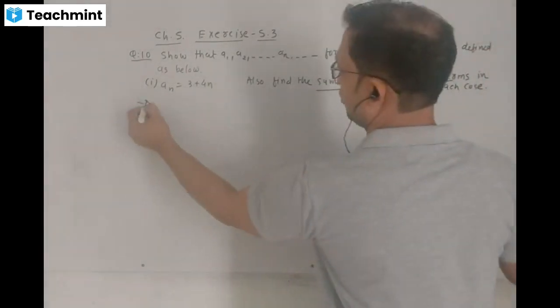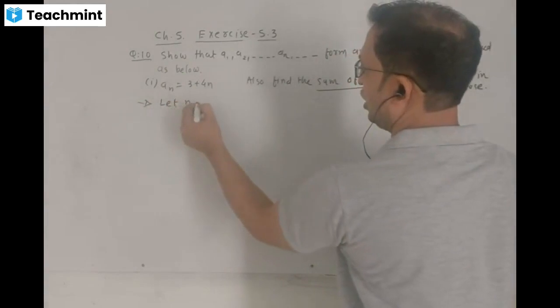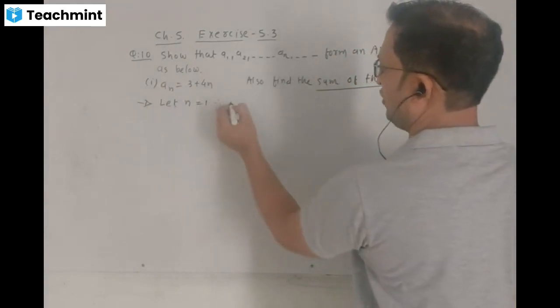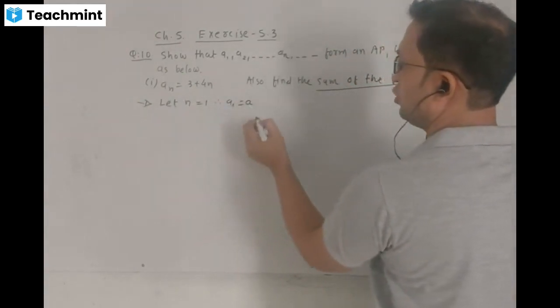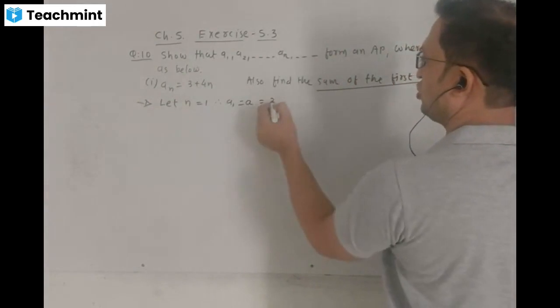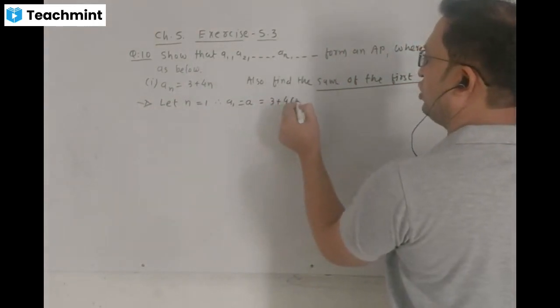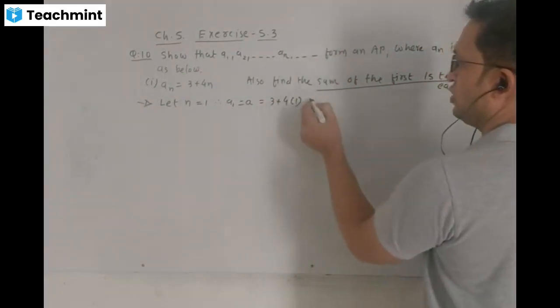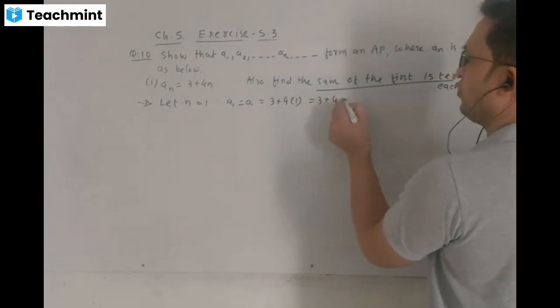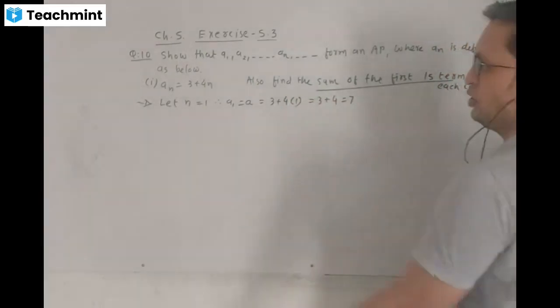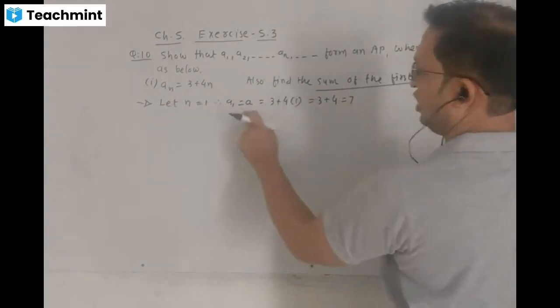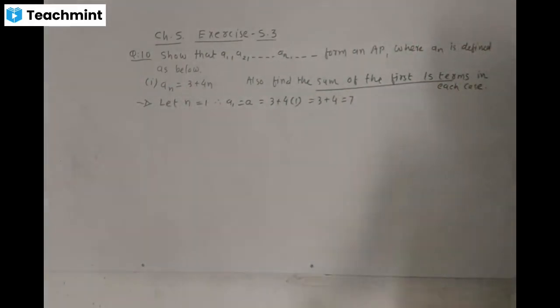Let n is equal to 1. Therefore A1, that is a, is equal to 3 plus 4 into 1. 3 plus 4 is equal to 7. So put n is equal to 1, then find the value of A1, otherwise a. Therefore a is equal to 7.